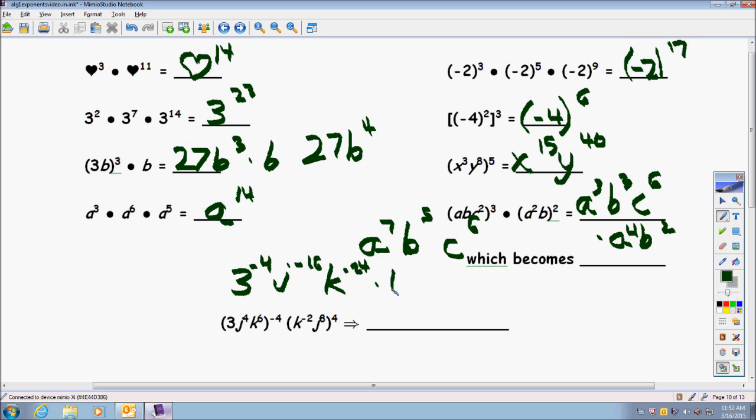Okay, times k -8, and then j, 8 times 4 is 32. Okay, we'll worry about 3 -4 in a second. Let's just combine 3 -4. We'll just write that. Let's do our j's. Add the exponents. -16 plus 32 is +16. For the k's, negative 24, negative 8 is negative 32.